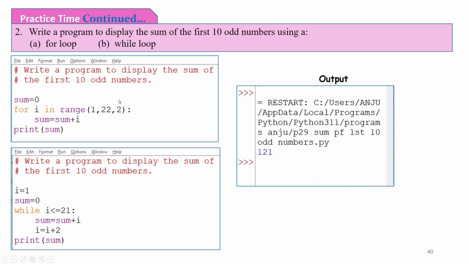Now instead of writing the step value like this, we have to write the updation statement as I is equal to I plus 2. Then once it has reached 21, this while loop will stop and it will come out of the loop and print the last value of the sum, which will be 121.